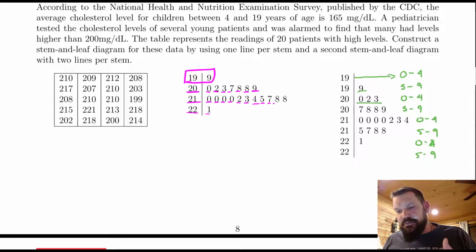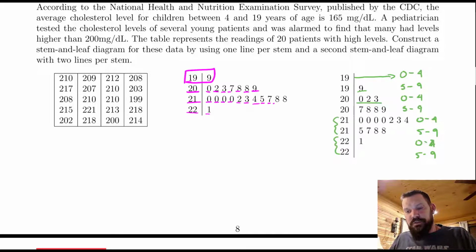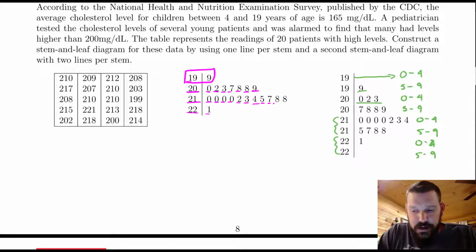Then the next main group is the 210s, and we break that down into the subgroups 210 to 214 and 215 to 219. You can see those right here. Then 220 to 224, 225 to 229. And we just add our leaves on there just like we were doing before.